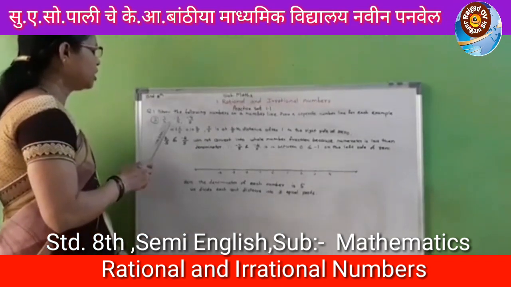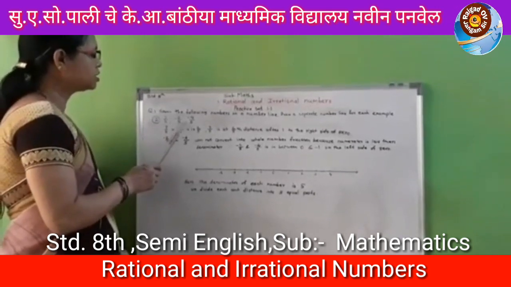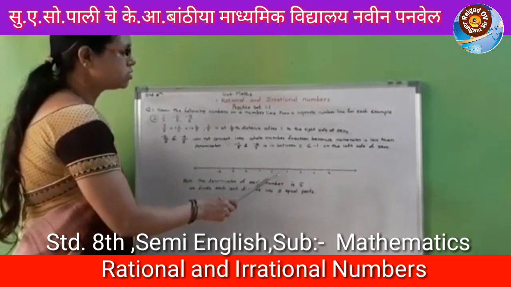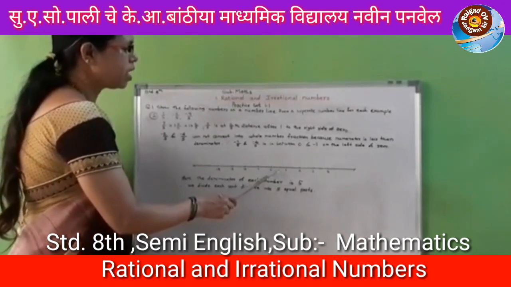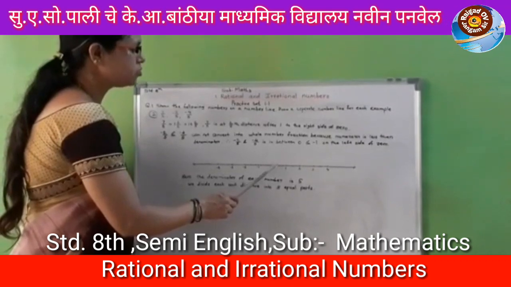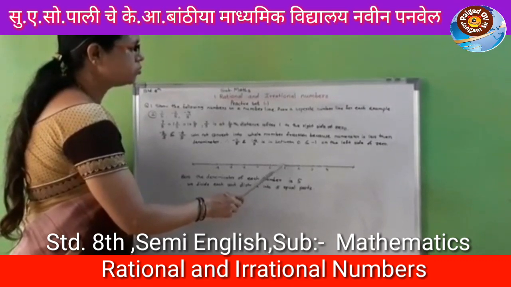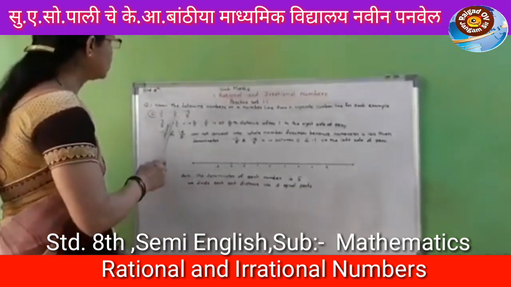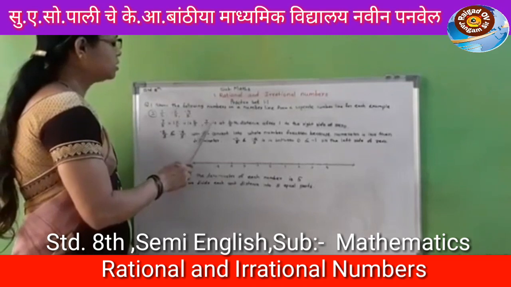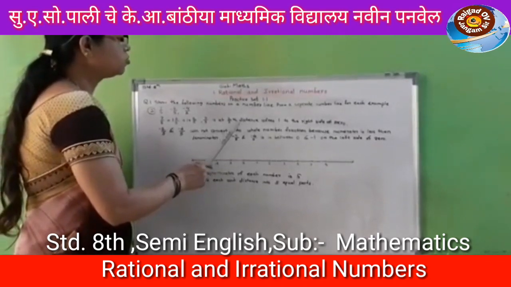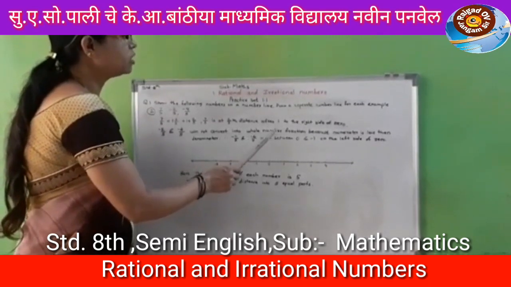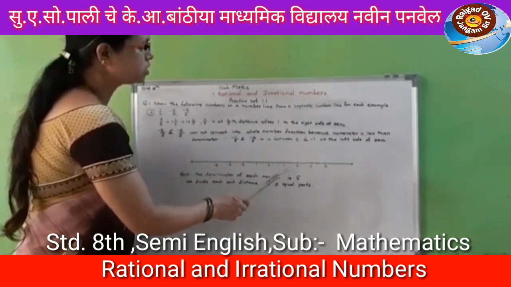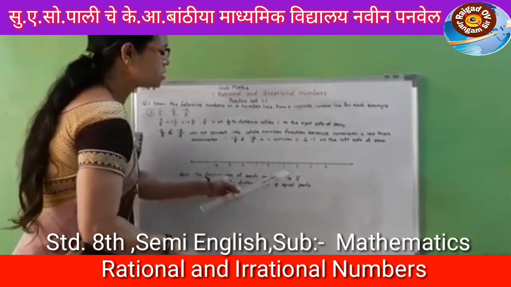Here denominator of the given number is 5, so we divide each unit distance into 5 equal parts. These 5 parts, 1, 2, 3, 4 and 5 parts are there. To show 7 by 5, 7 by 5 is at 2/5 distance after 1 to the right side of 0. After 1, 2/5 distance. 2/5 distance is here.